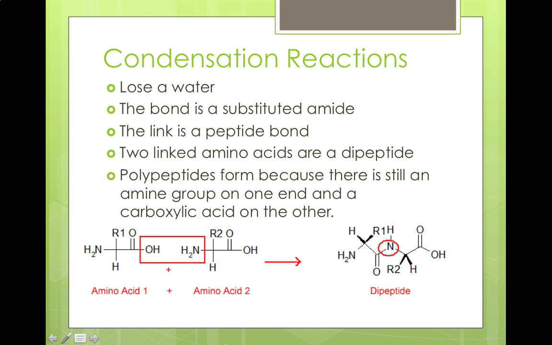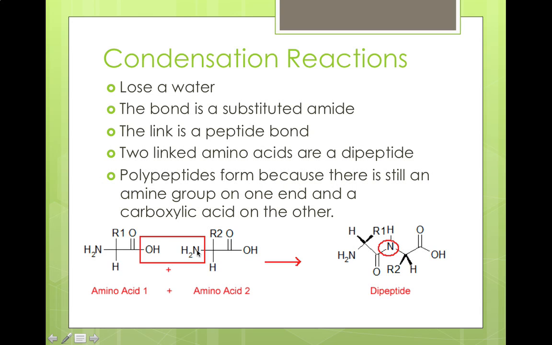This is my general reaction. So what's happening, I have my first amino acid here, a second amino acid there. It's the alcohol within the carboxylic acid of one amino acid, and one of the hydrogens from the amine group that are going to be going off. So I have OH and one of these hydrogens go off. I've lost my water.